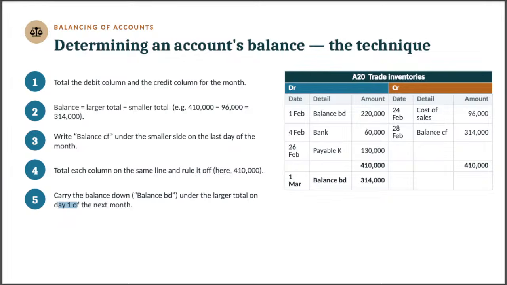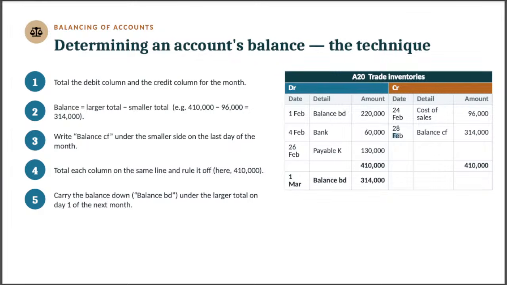So let's look at this here under trade inventories. On February 1st, the balance down, this is the carry down balance here, was 220,000. On the 4th, bank, 60,000. On the 26th, payable K, the credit, 130,000. So we have a total of 410,000. And over here on the credit side, we had the cost of sales was 96,000.